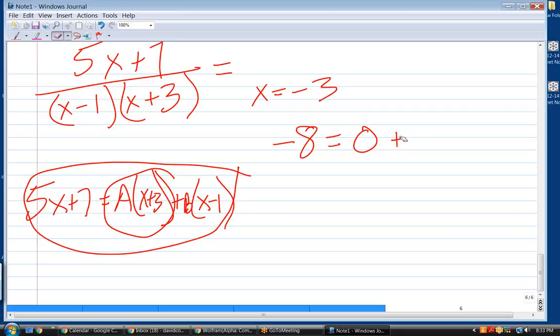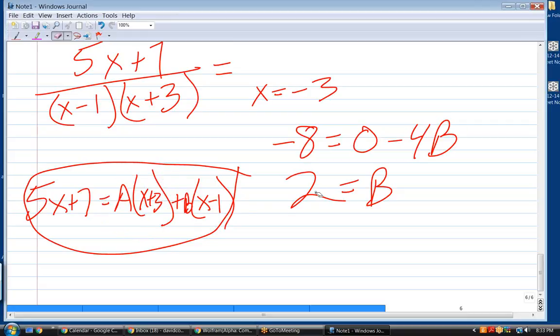So it's minus 4B, right? You see how I got that? In other words, it's plus B times -4, which is minus 4B. So B is equal to 2. Okay.